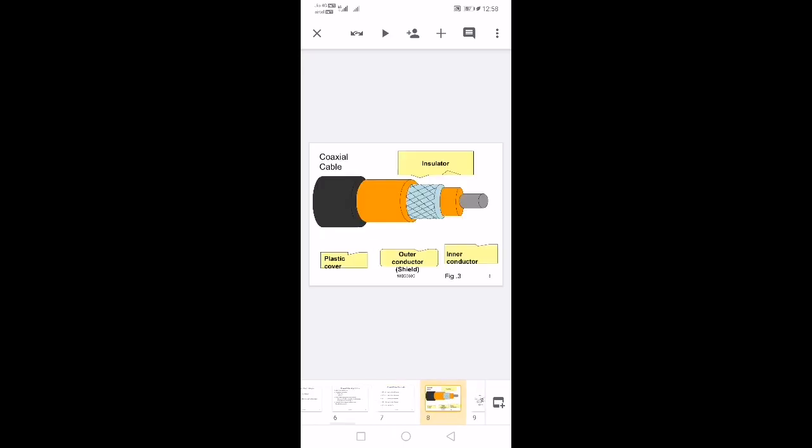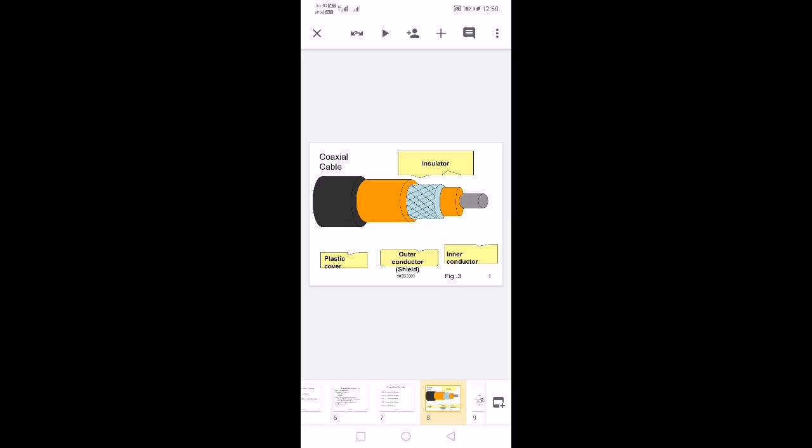So this is how a coaxial cable looks. You will have this green colored inner conductor, and whatever lead is coming out of the inner conductor is your copper wire, the conductor of your transmission medium.